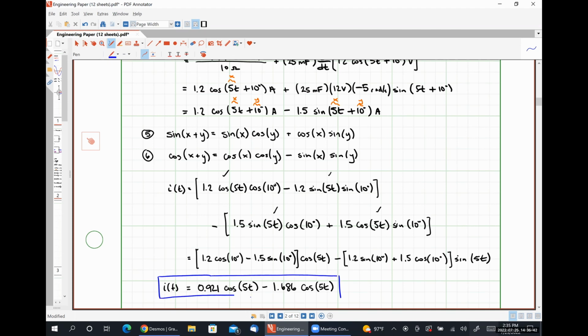Now this is not the final answer that we're looking for, because we still have a combination of sinusoids, but at least we've gotten rid of our phase angles.